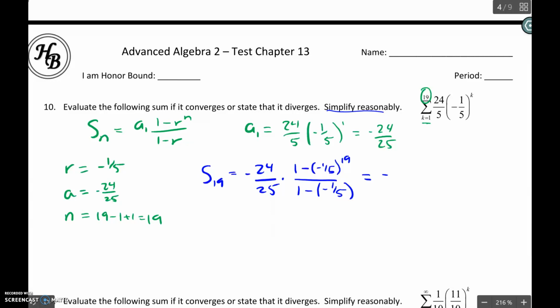The -1 fifth to the 19th is going to be negative, so 1 minus a negative gives you a plus. So that's 1 plus 1 over 5 to the 19th, over 1 plus 1 fifth, which is 6 fifths.